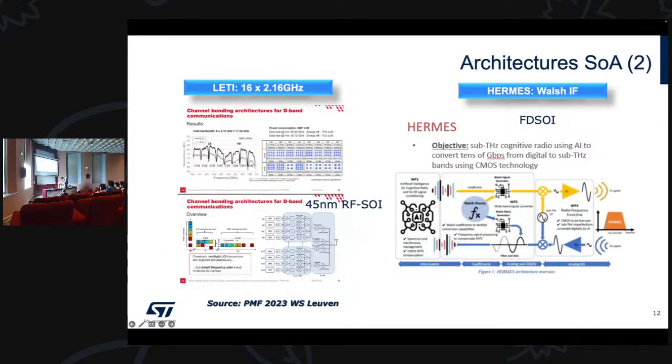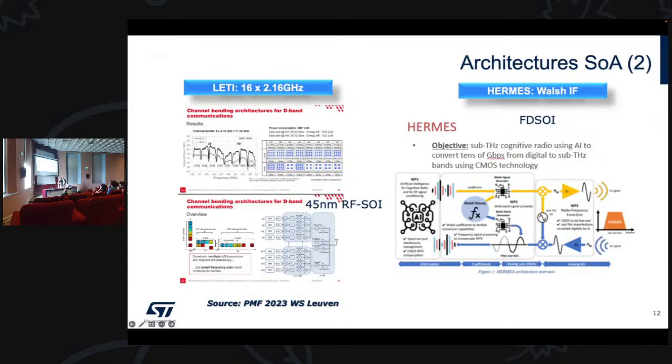So the next one, you can see this is a Leti trial. They use 60 times. So they program to use a number of times 2.16 gigahertz band, so the channel.